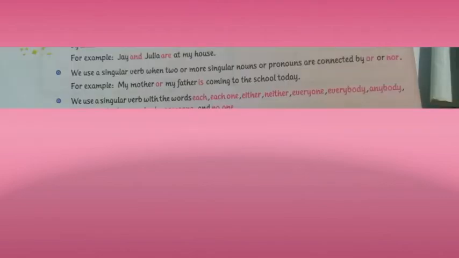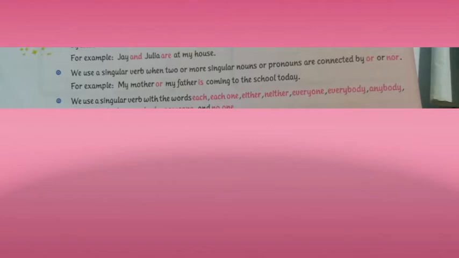Now come to the second rule. We use a singular verb when two or more singular nouns or pronouns are connected by or, nor.